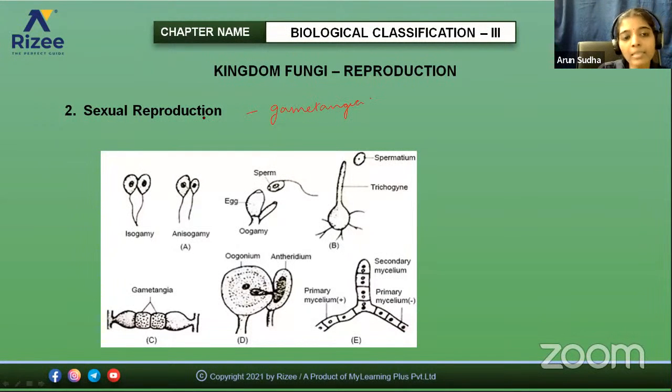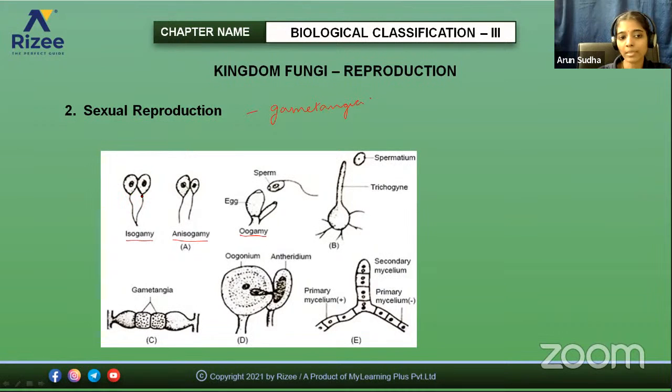So here there occurs a fusion of gametes. Depending upon the fusion, based on the different types of gametes that fuse, we have these terms: isogamy, anisogamy, and oogamy. So what is that? By the structure itself you can understand that isogamous means they are structurally similar.